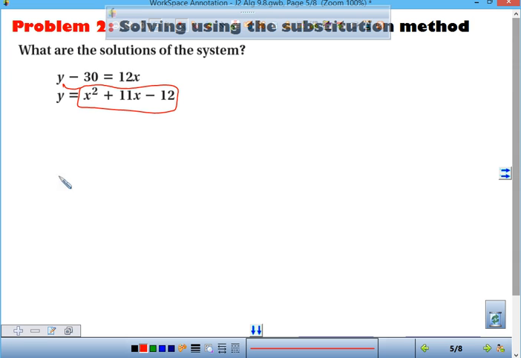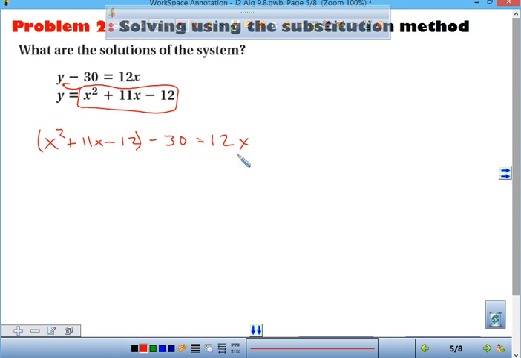So I rewrite it as x squared plus 11x minus 12 minus 30. I should put that in parentheses. Every time I substitute, I should put it in parentheses. It's not going to matter in this problem because there's nothing to distribute, but another problem it might. Just keep that in mind.